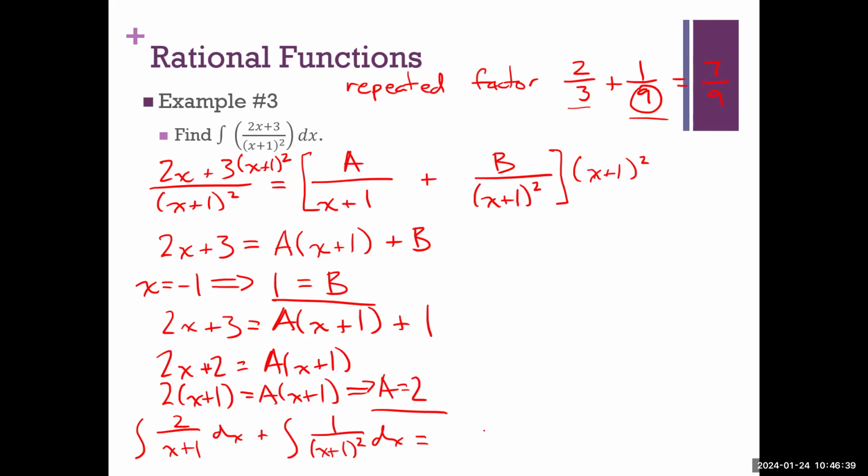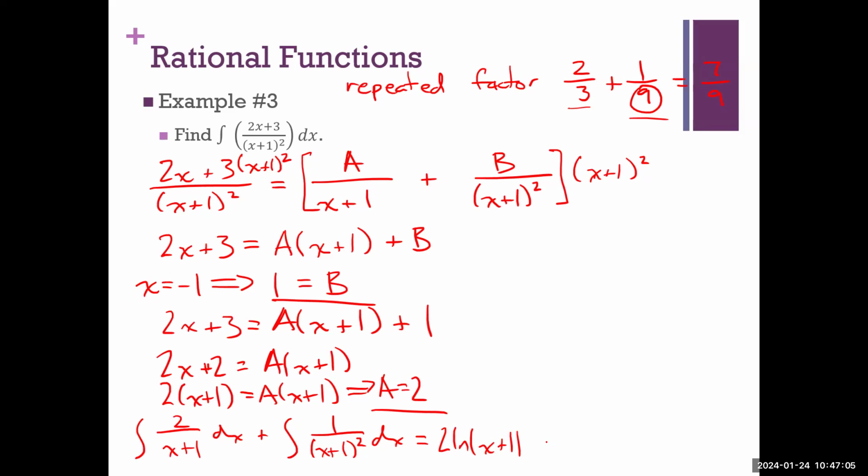What was that integral? What's the integral of 1 over x plus 1? That's just ln x plus 1, right? Yeah, it is. Absolute value, but yes. So that one's handled.